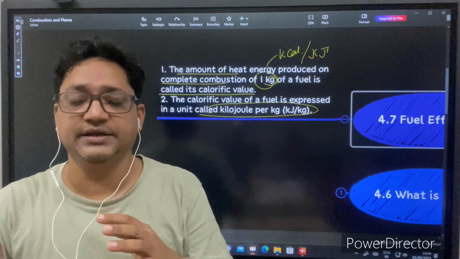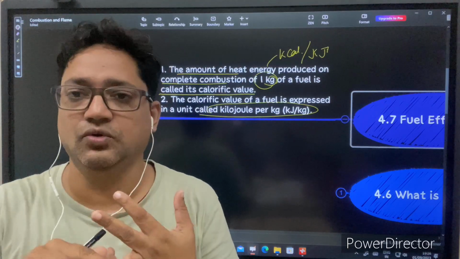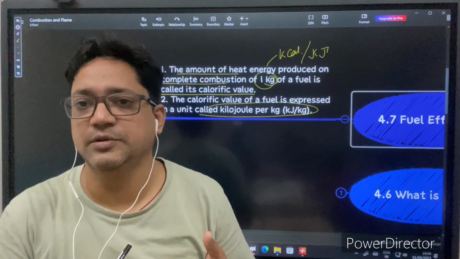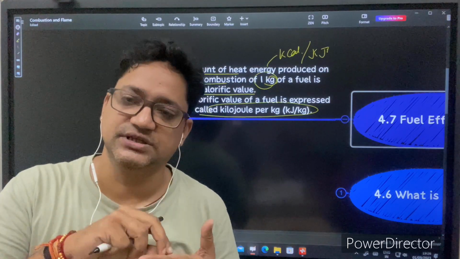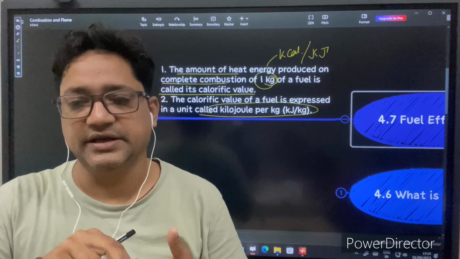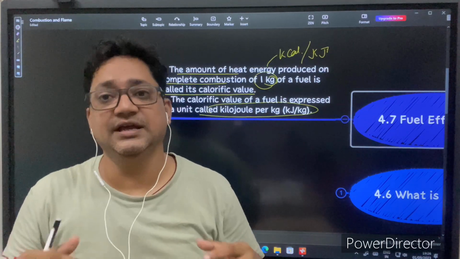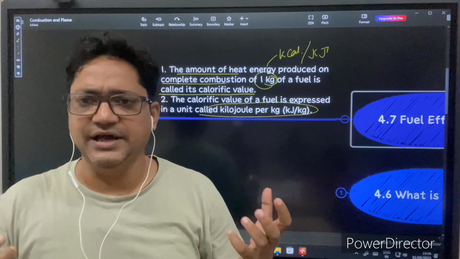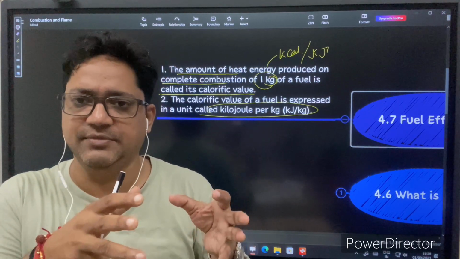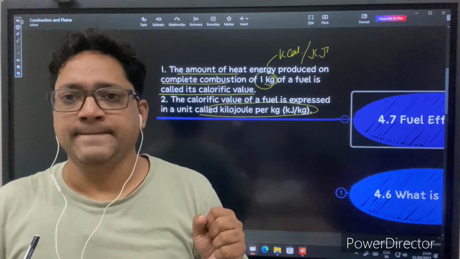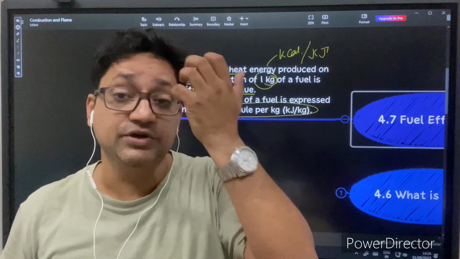Certainly, your answer will be that the water using LPG will get boiled, taking less time. Why? Because LPG is capable of producing a higher amount of energy from the same amount of fuel.